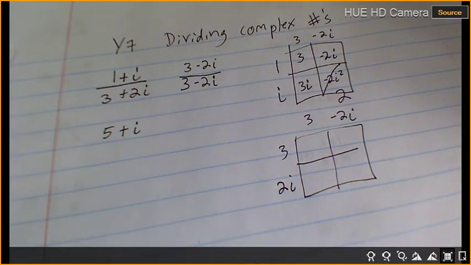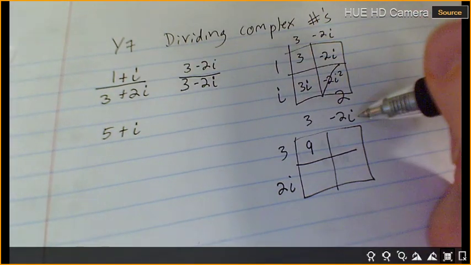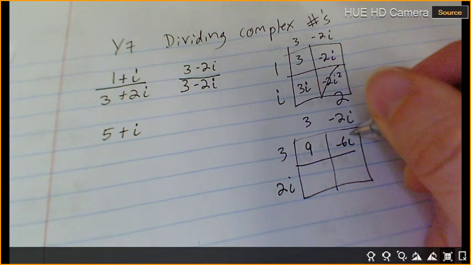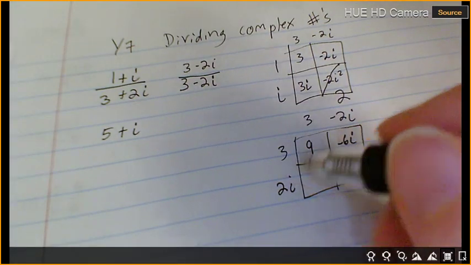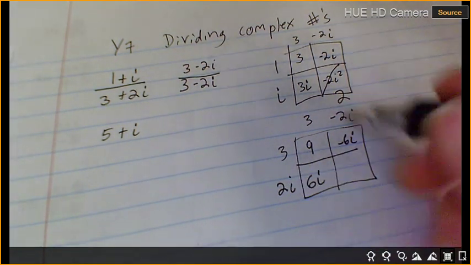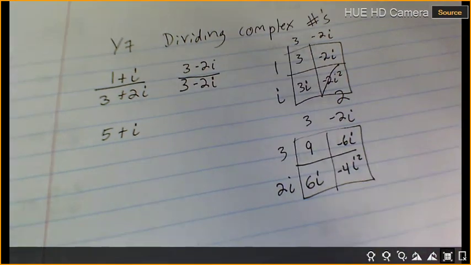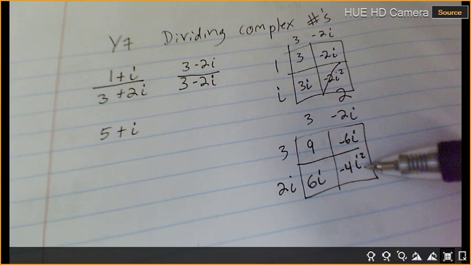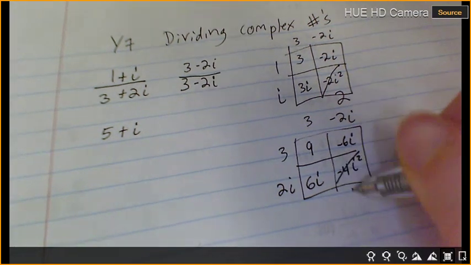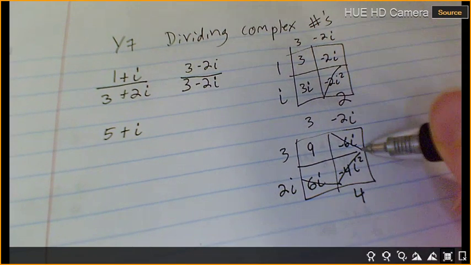And so this should give us just a whole number by itself with no i's. 3 times 3 is 9. 3 times negative 2i is negative 6i. 3 times 2i is 6i. 2 times negative 2 is negative 4. i times i is i squared. So i squared is the same as timesing it by negative 1. So we just have a 4. It'll give you 13, and these 6's cancel each other out when we add them together. So we just have a 13 on the bottom.